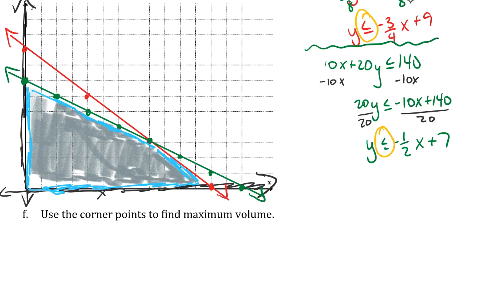So we're just going to look at what are the corners of that shape. So we have 0, 0. We have 0, 7. We have 8, 3. And lastly, 12, 0.